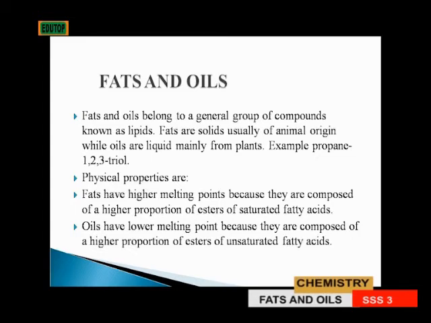Fats and oils. Fats and oils belong to a general group of compounds known as lipids.